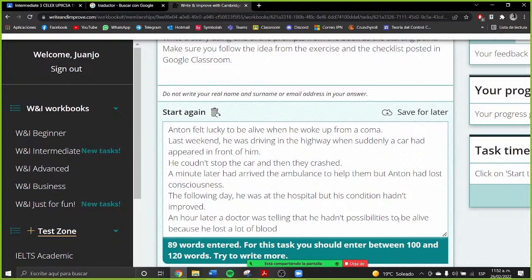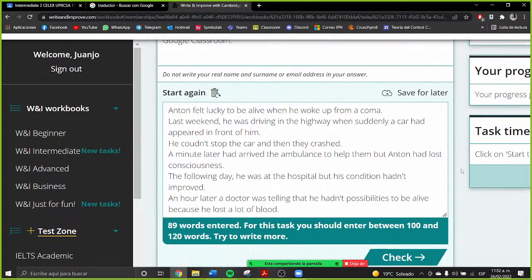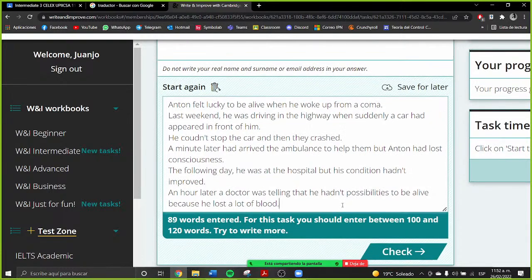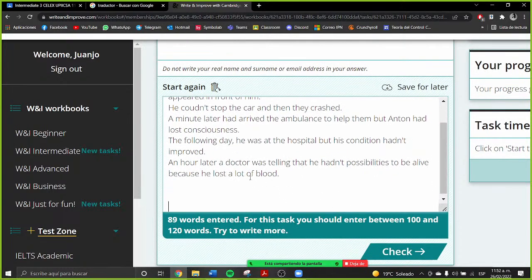Because he lost a lot of blood. It's correct. In the next paragraph, and finally, he woke up. Finally, he woke up. Woke, ¿no? Woke up.